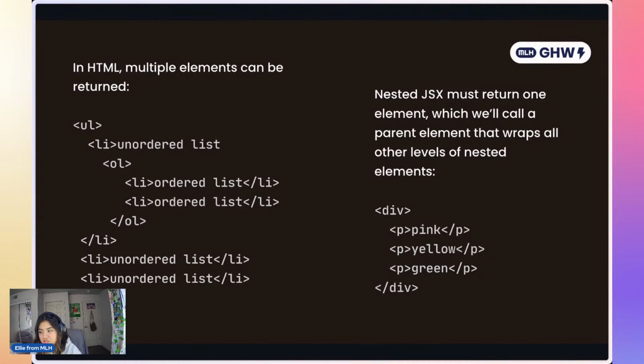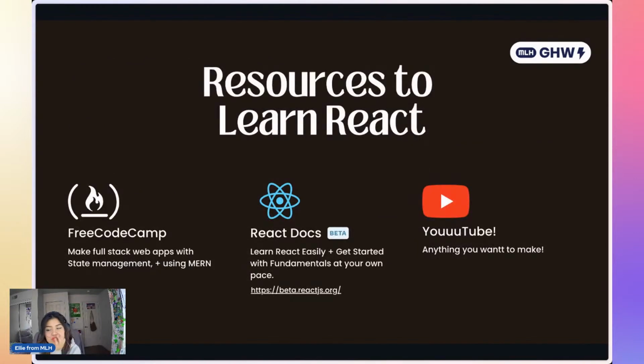Multiple of these can be returned, but in JSX, it must return only one element, and we call this the parent element that wraps all other levels of nested elements. So the main thing just has to be one element, and then you can put everything inside it. And we'll see how that looks, and how we can go about this.